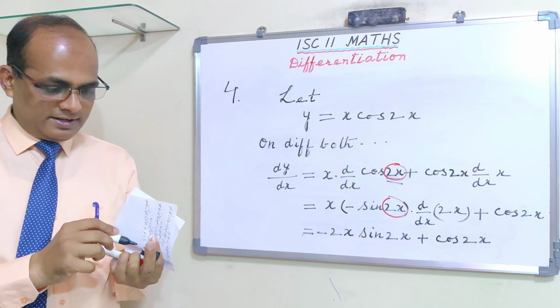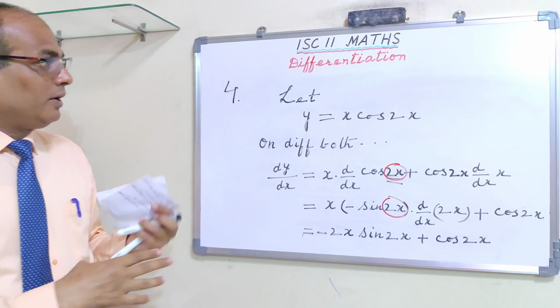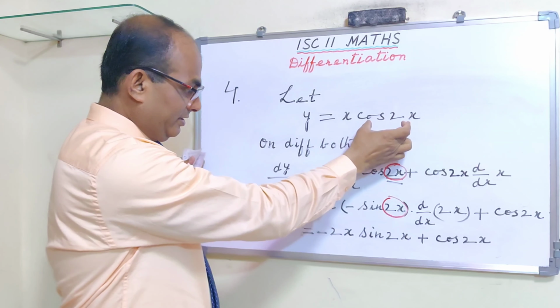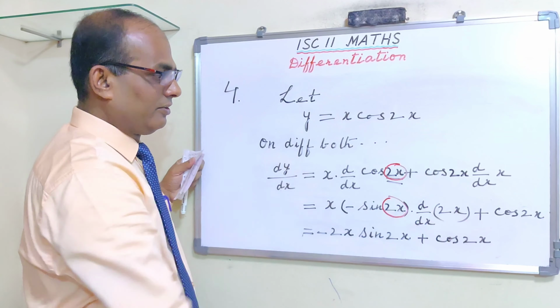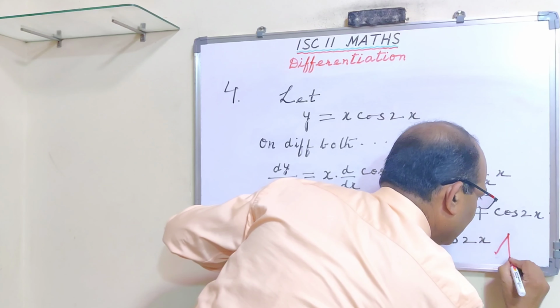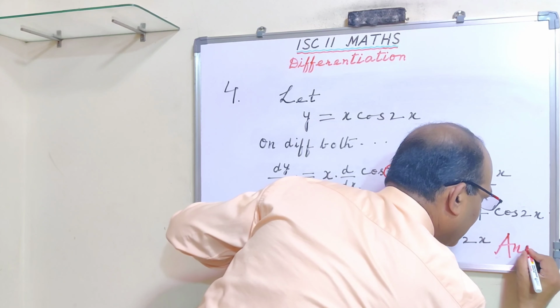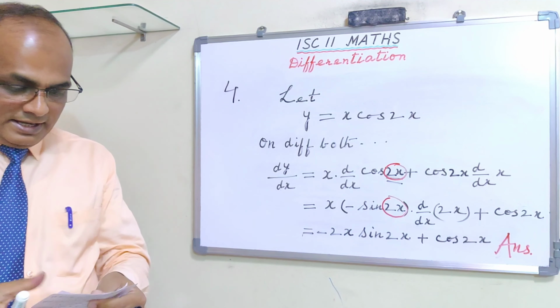So this is your answer: minus 2x sin 2x plus cos 2x. First function, derivative of this is minus 2 sin 2x, into x, plus second function cos 2x, and derivative of x is 1. So this is the answer. Hope it is clear.